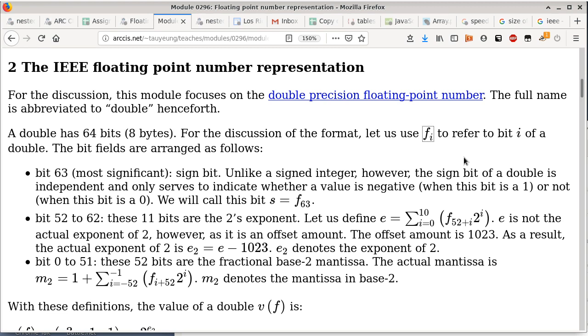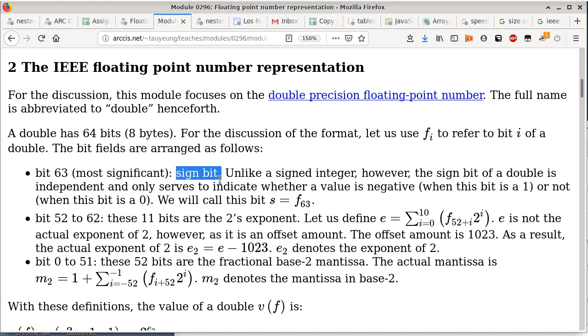Using that notation, we will look at bit 63 first, or f subscript 63. That is known as the sign bit. The way we look at the sign bit is pretty easy. It's consistent with signed number representation: if the sign bit is a 1, the value being represented is negative.